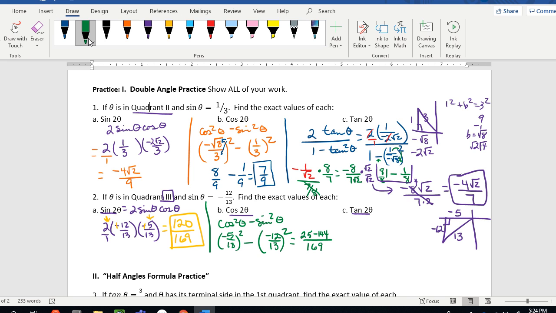Now, I will tell you, I don't know what this is in my head. So I'm going to come up here and go 144 minus 25, 9 would be 2. It's now a 1, 119. Okay, so this is going to give me, and I don't believe 119 will break down.